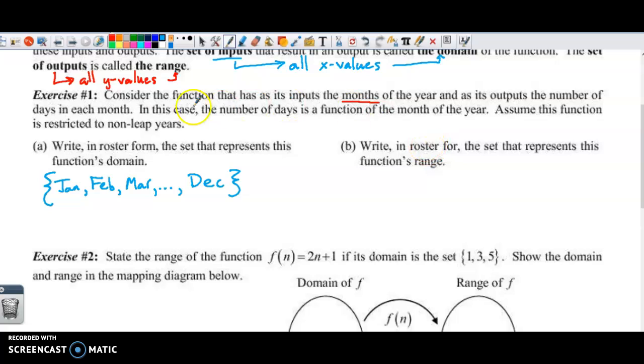So again, they're going to ask you for roster notation for the set that represents the range. Because it's days of the month, we just want the total days. So February has 28. We definitely want to skip 29 because then it's no longer a function. Then February would have two outputs. That's why we're ignoring leap years of February having 29, but other ones like 30 and 31 also exist.